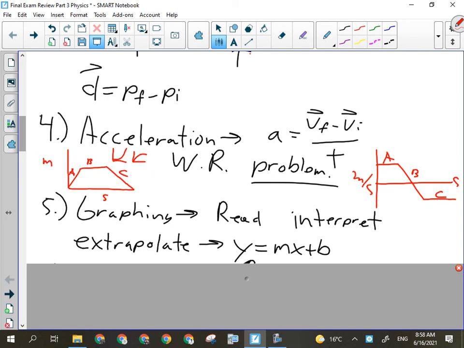Velocity versus time graph, and that part's flat. What is that saying about the velocity? It's not changing. So in other words, it's traveling at a constant velocity, and it's positive, right? Because it's above zero, right? This would be zero right here. All right, what's it doing in part B?